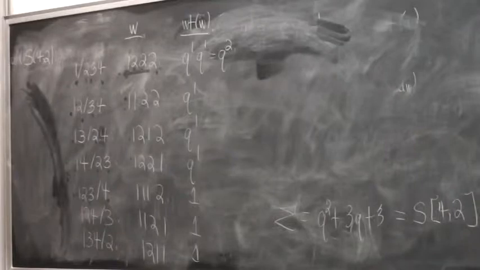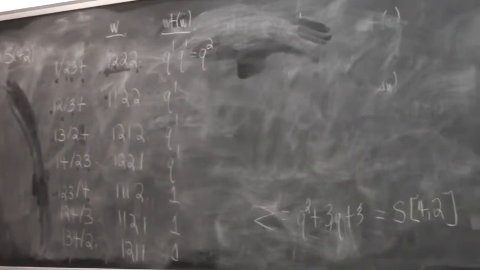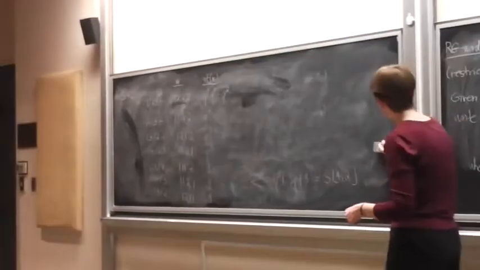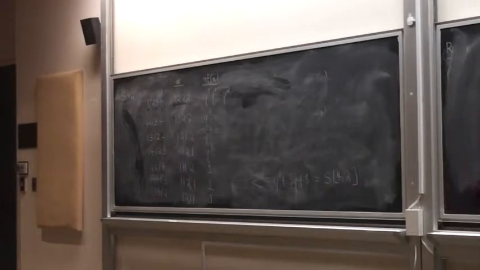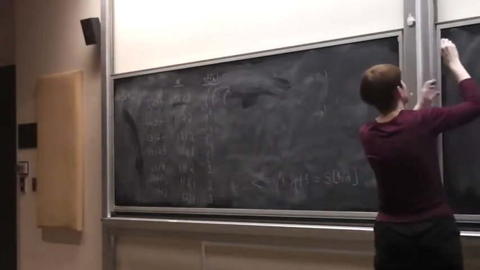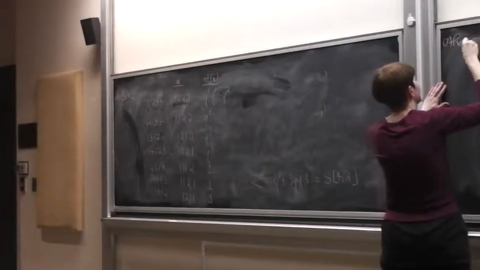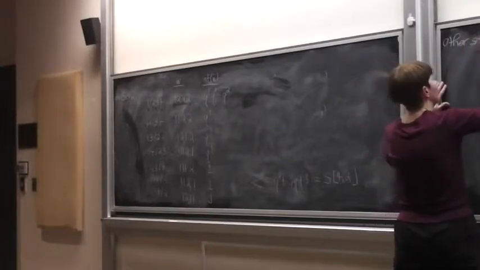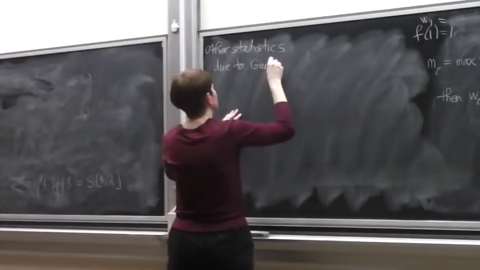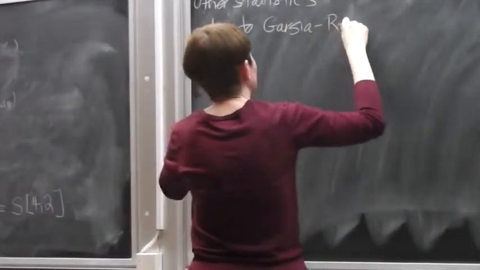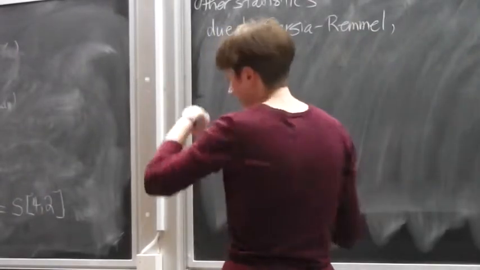I should mention that there are many, many statistics that generate q-Stirling numbers of the second kind. Just to mention some references: other statistics are due to Garcia and Remmel. Who else?